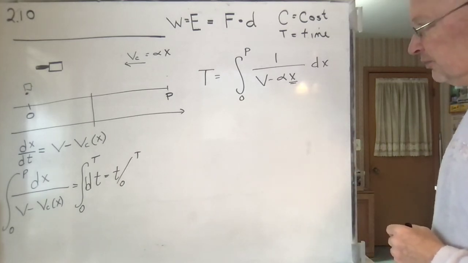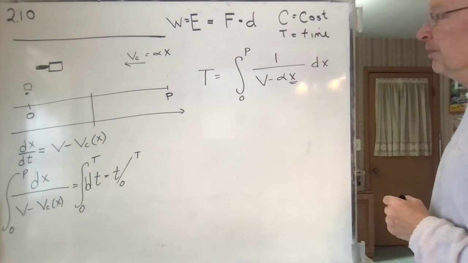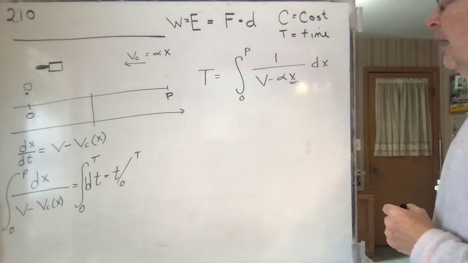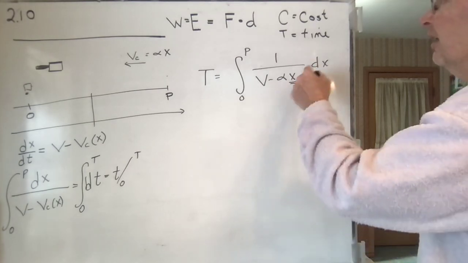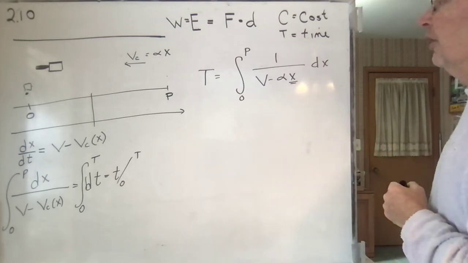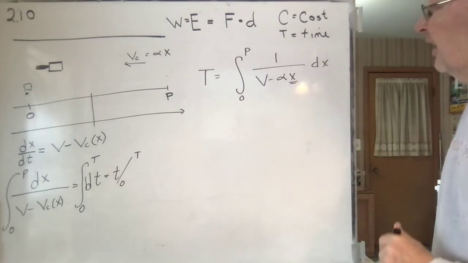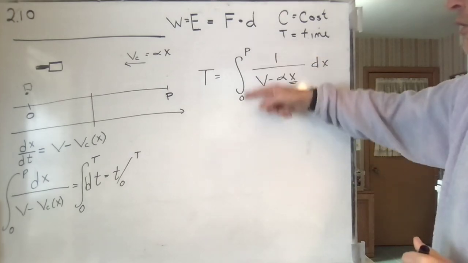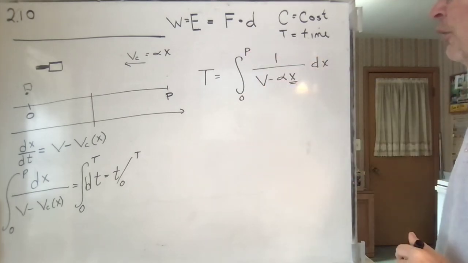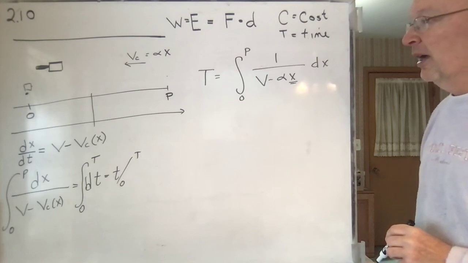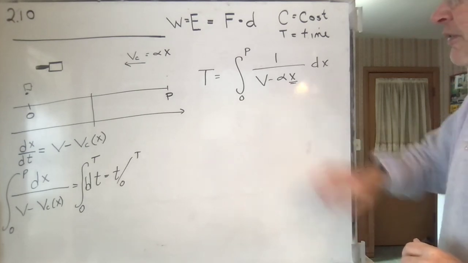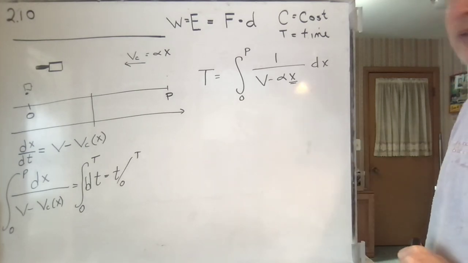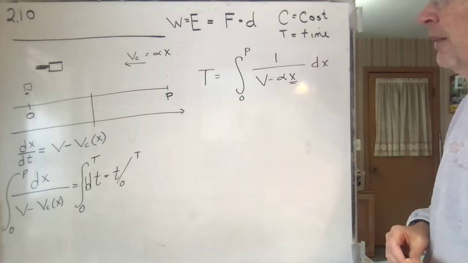I give you hints as to what that's going to look like, and you stick in your limits and all that sort of thing, and you go from there. So there's a lot of interesting stuff to do yet, but there's the meat of the problem.